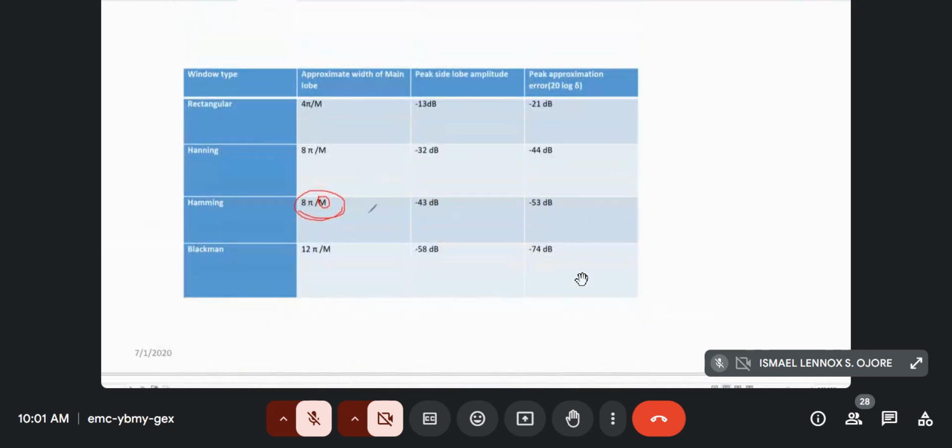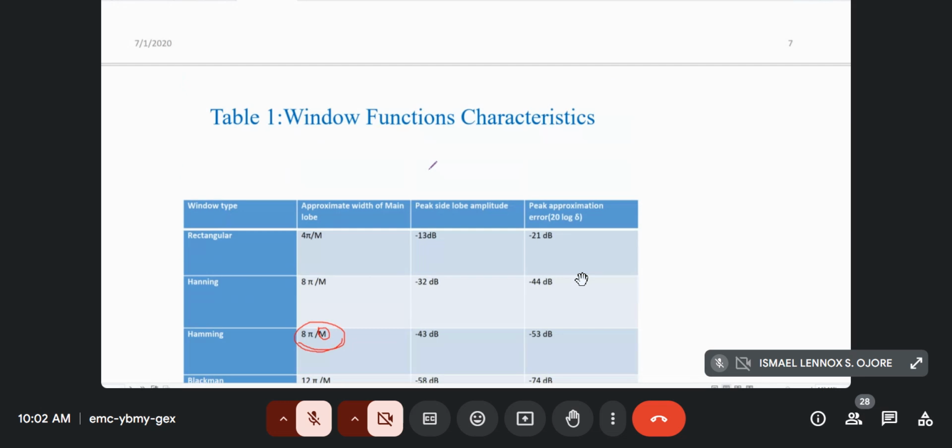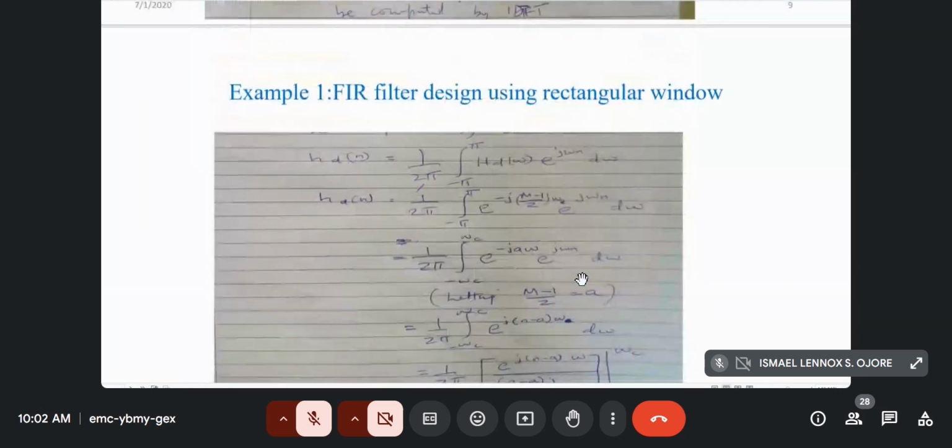Very important too. Again, the attenuation will depend on the peak side lobe amplitude, because that will determine the attenuation in the stop band, and one of them affects the ripple.